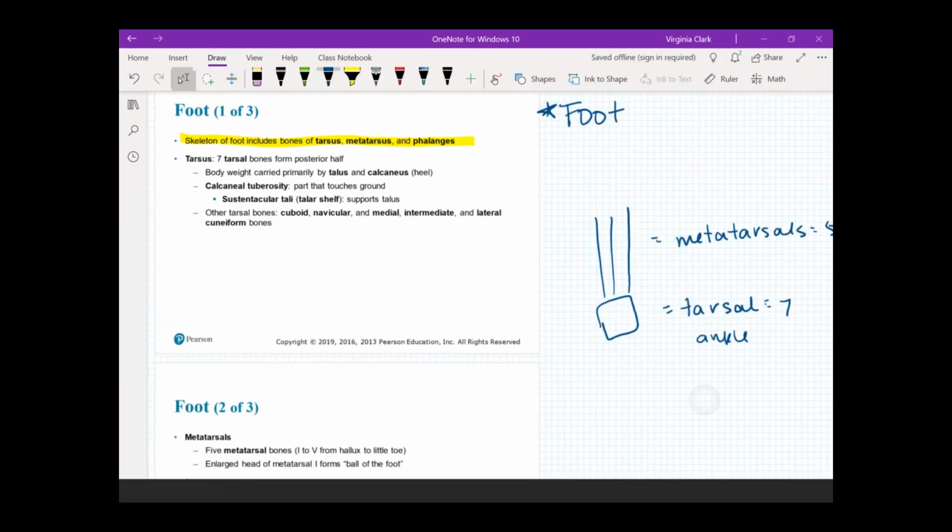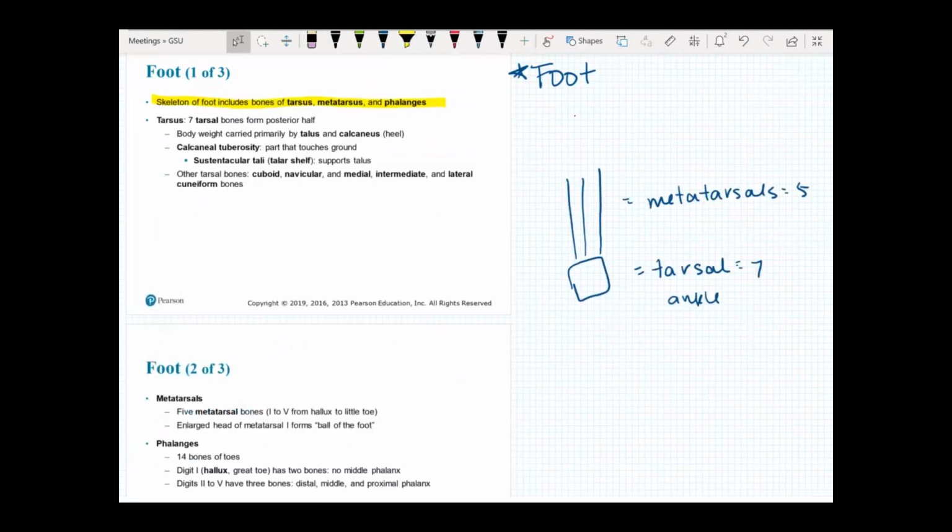So looking at these metatarsals, these are actually going to be the part that makes up the arch of the foot, and there are going to be 5 metatarsals. So they're going to look like that.